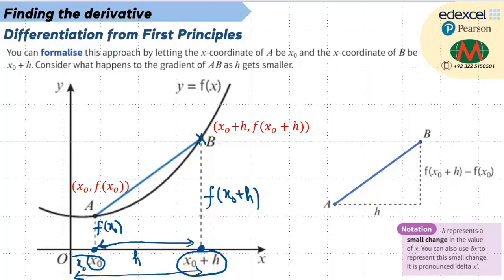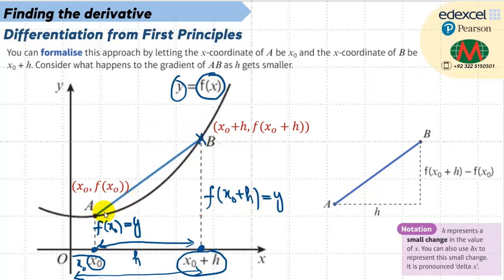Just putting this coordinate x naught plus h in f of x gives you the y value, that is, the vertical distance from here to here. Similarly, this is also a y value, this vertical distance.